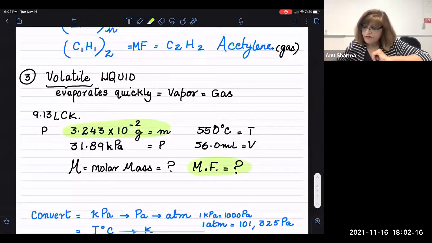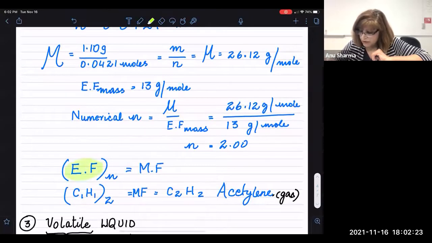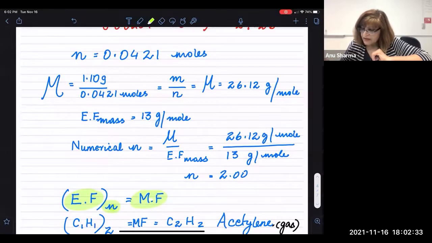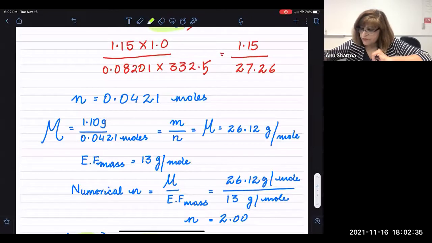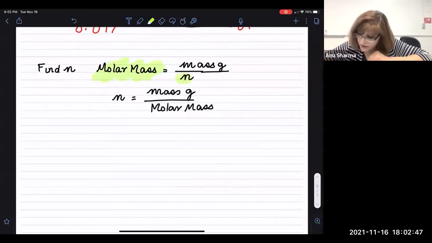So for the molecular formula, as we talked about earlier, we would need the empirical formula and the value of N. But even before that, we need the molecular molar mass divided by the empirical formula mass. So that's the basics of how these formulas are connected. So we need to find the value of N first of all.